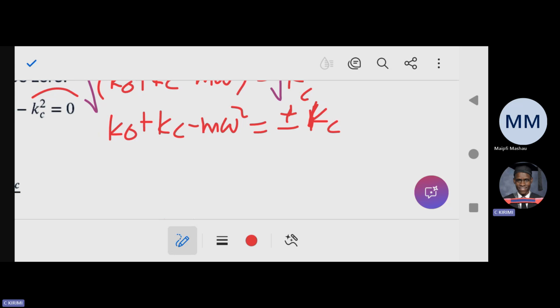So what do you do? We take K naught plus Kc to the other side, and then we are left with negative m omega squared on the other side.